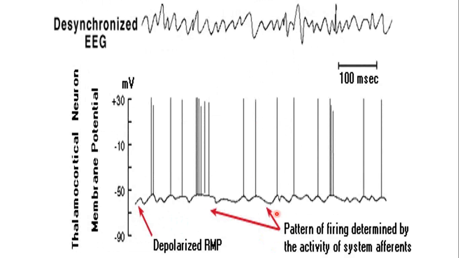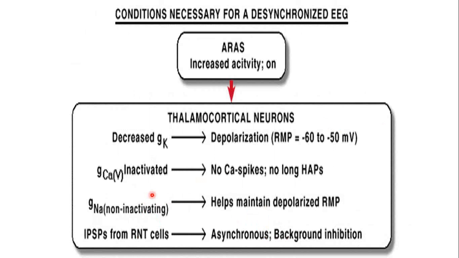We show a pattern of firing that is more random. The background is more random, at least it looks more random, and look, the action potentials are much more randomly spaced, aren't they, when we see this pattern. So what are the conditions necessary then for a beta rhythm, for example, a desynchronized EEG?